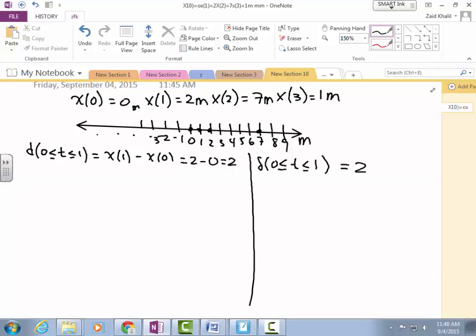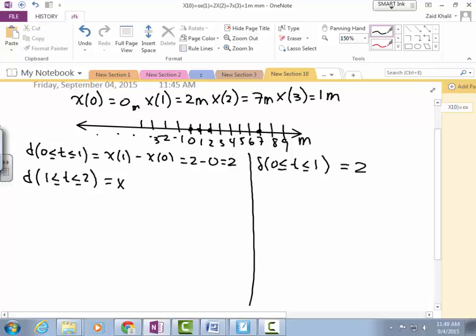So now let's do the displacement from 1 to 2. What does that equal? Spit it out. Ready, go. x2 minus x1, which is 7 minus 2, which is 5.